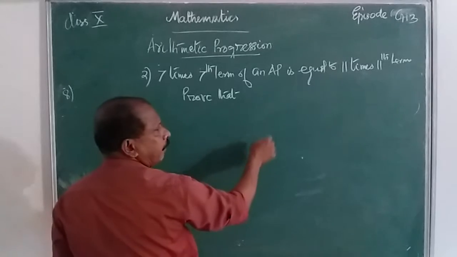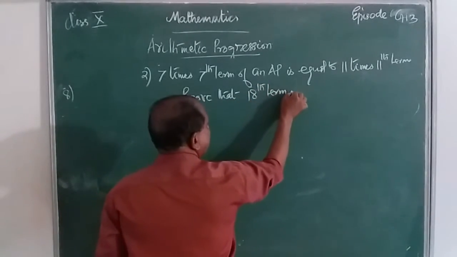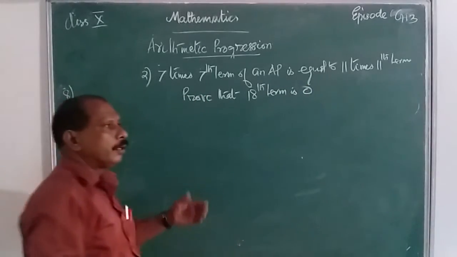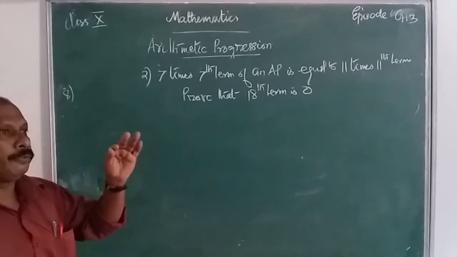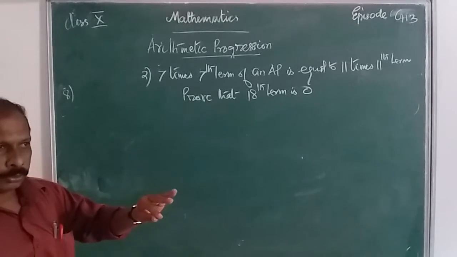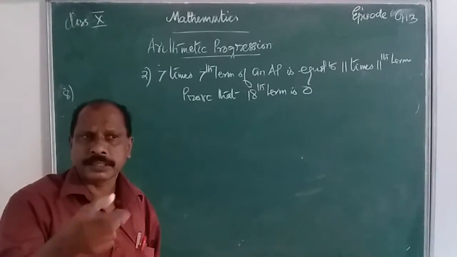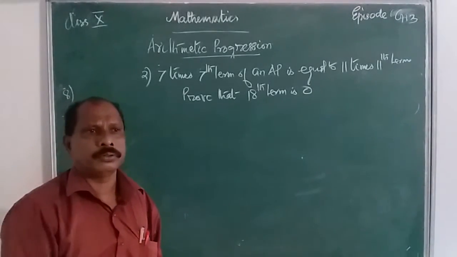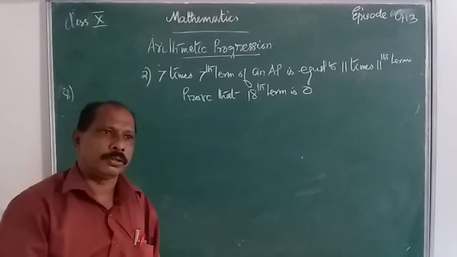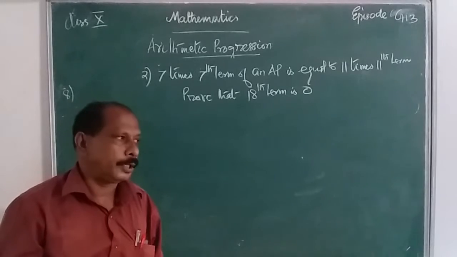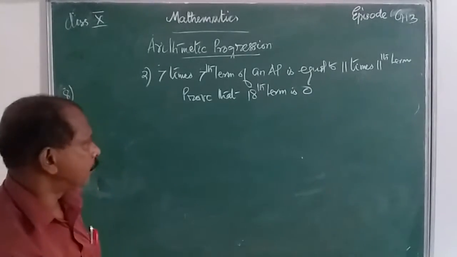What is 7 plus 11? 18. The 18th term is 0. Similarly, 5 times the 5th term of an AP is equal to 6 times the 6th term. Then what is 5 plus 6? 11. Therefore, the 11th term is always 0. 8 times the 8th term is equal to 9 times the 9th term. Then 8 plus 9, that is the 17th term is 0.